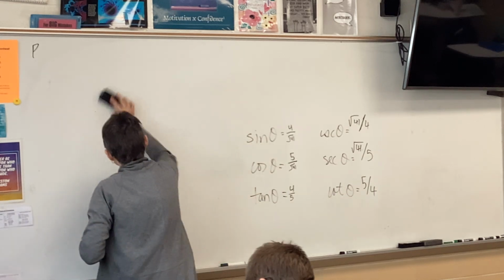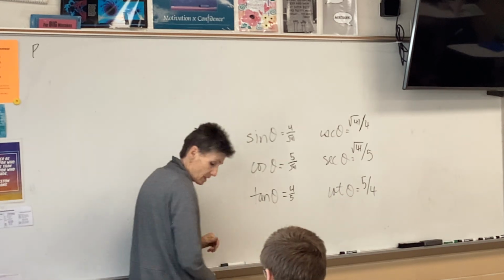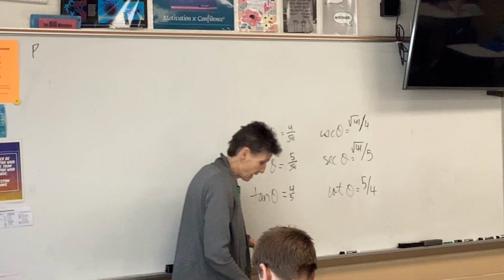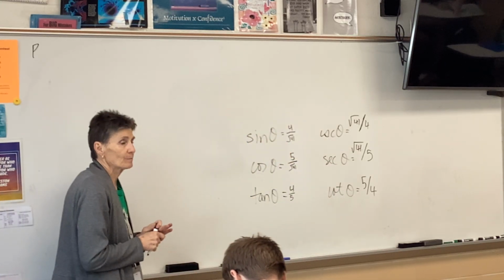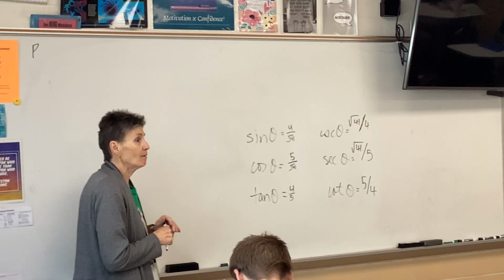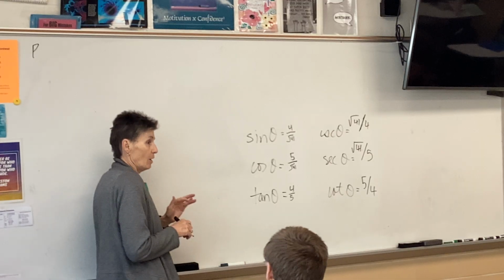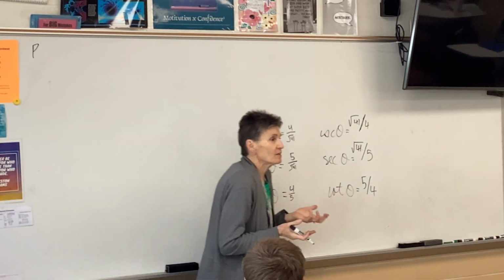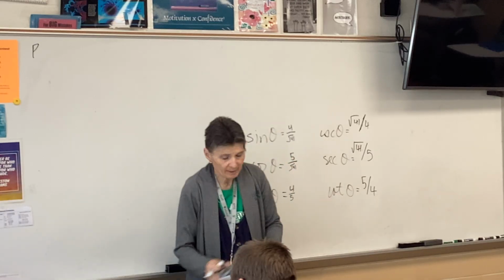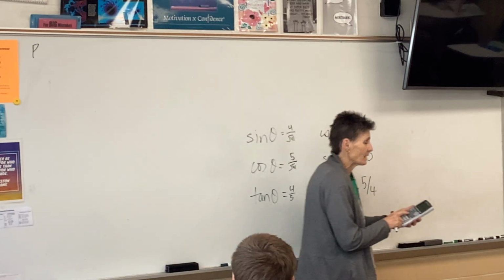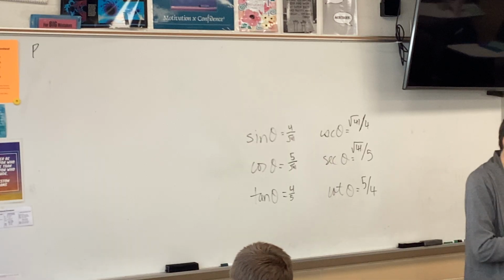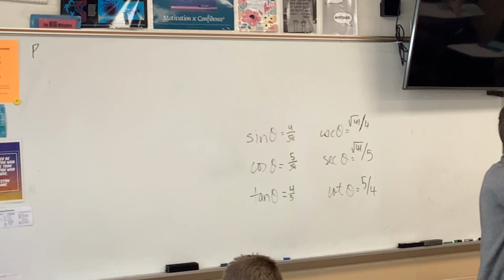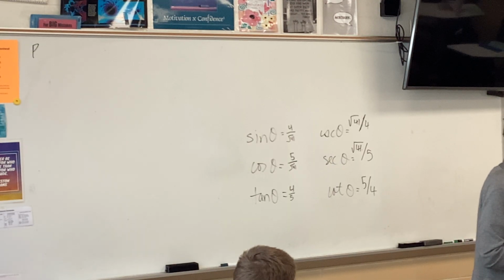Here is your job. You are going to find the exact value of the sine of pi over 3. Now, I don't know if you've ever done this before on your calculator. Just take your calculator out and just for fun, press sine 10. What kind of number did you get there?